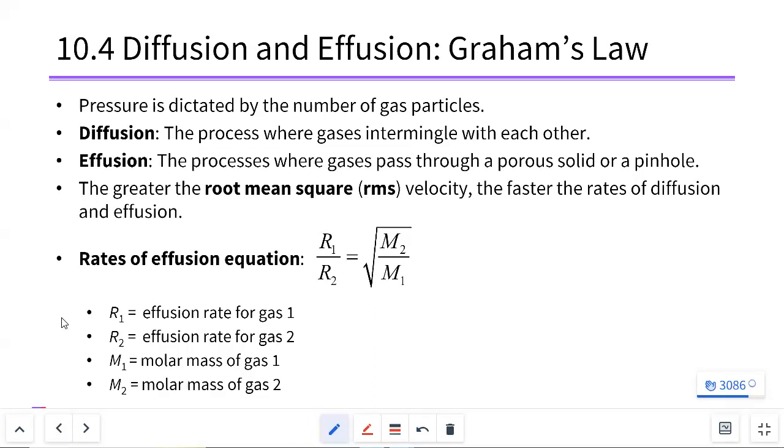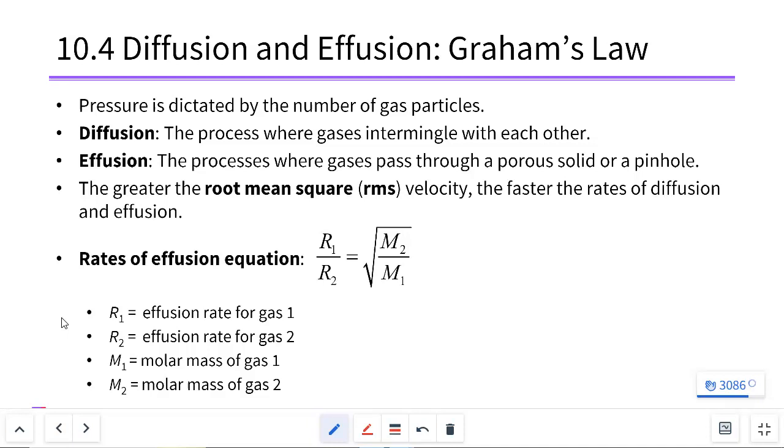So what we're interested in out of Graham's law here is this equation. This equation gives us the relationship between how quickly a gas effuses, how quickly it moves, and its molar mass. And we can see that just like we talked about last Monday, the rate ratio is inverted. Faster gases are lighter, heavier gases are slower.